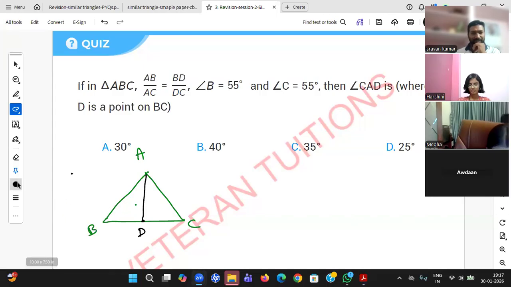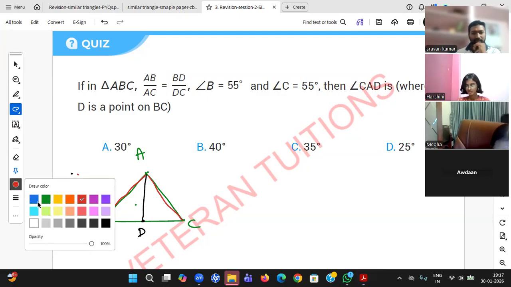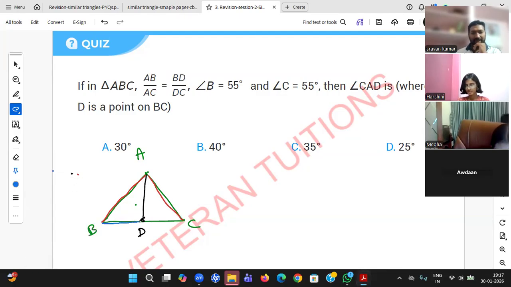Now what is it saying? AB by AC equals BD by DC, and he's saying that angle B and angle A are equal. Okay, so that's an easy question. Ankita, right answer. Megha, right answer.